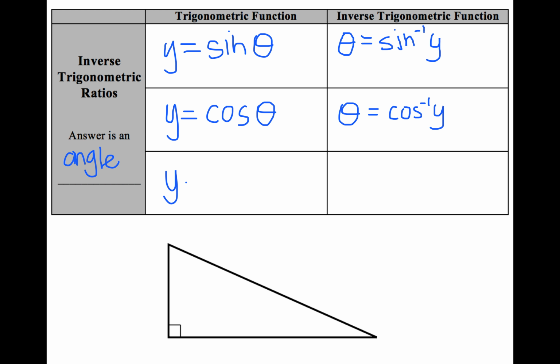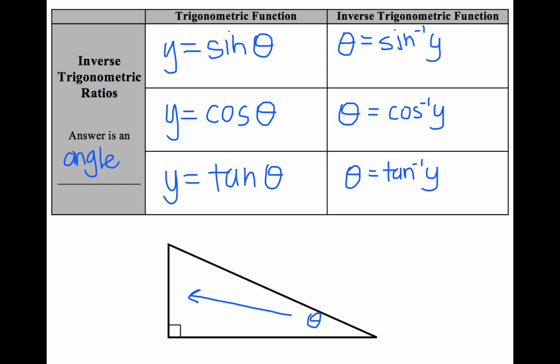And then if I have y equals tangent of theta, I can say that theta is equal to inverse tangent of y. And all these are still going back to that same triangle that we had, where I have theta with my opposite side, the adjacent side, and the hypotenuse.